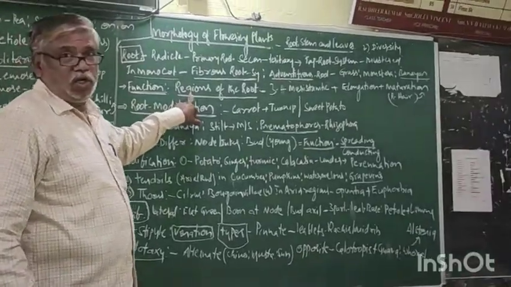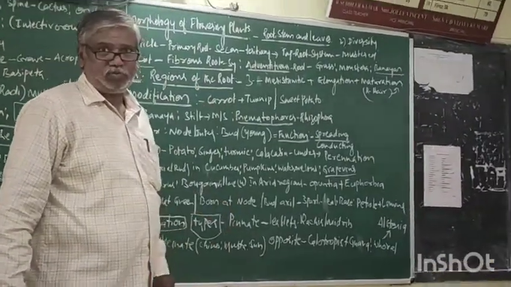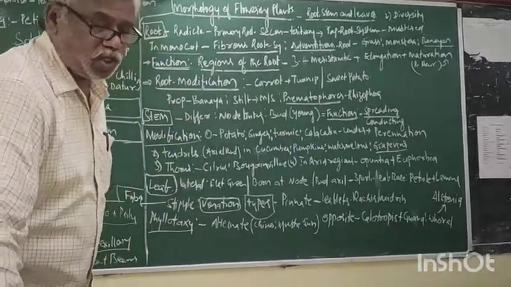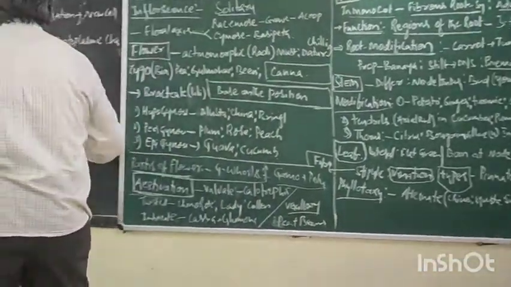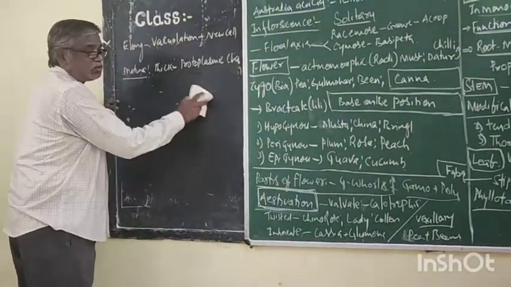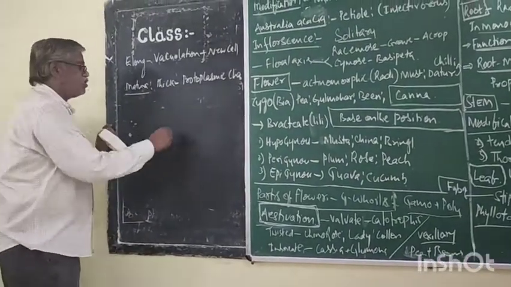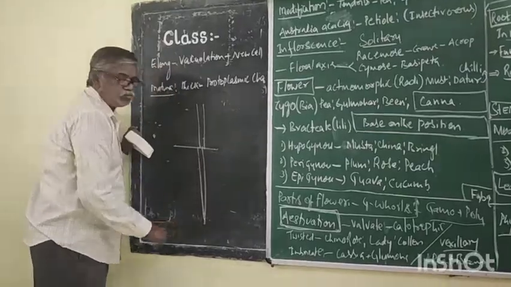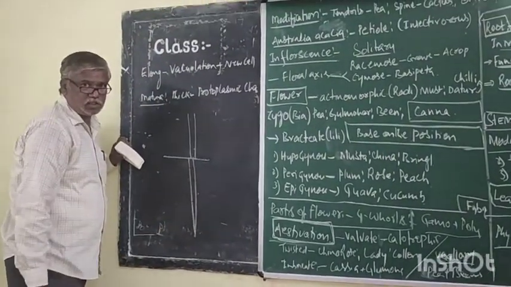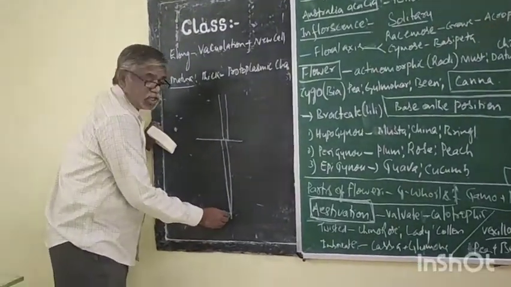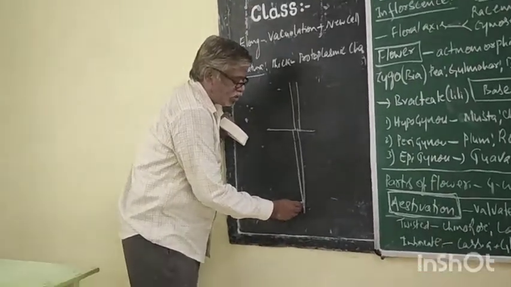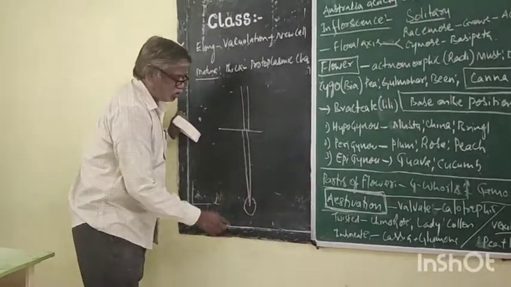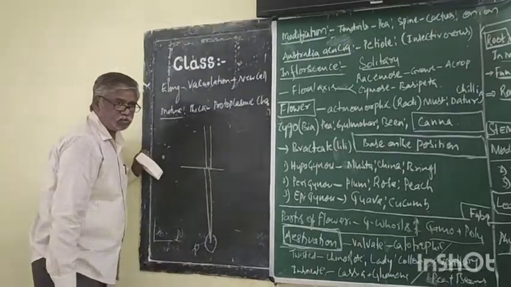Now come to the regions of the root. The root contains three regions. The tip of the root is covered by a thimble-like structure called the root cap.